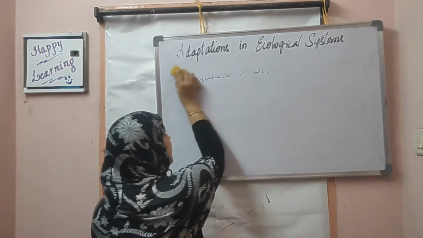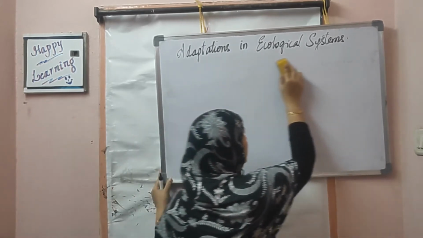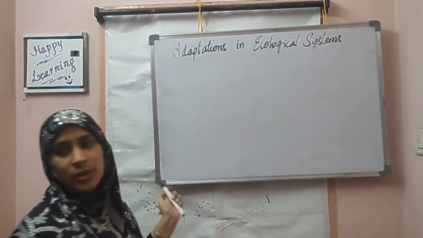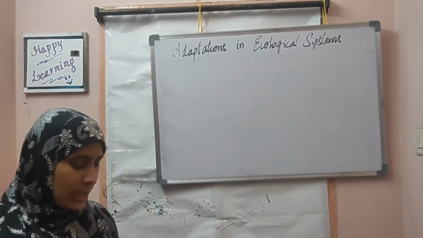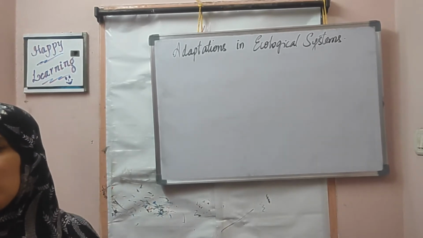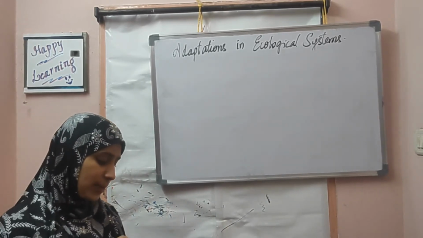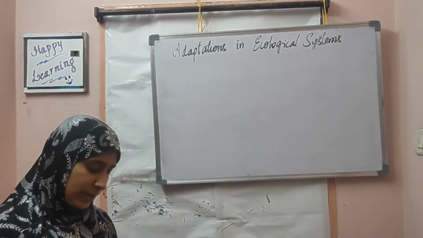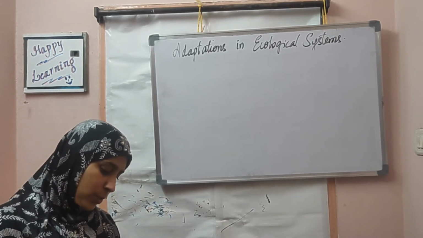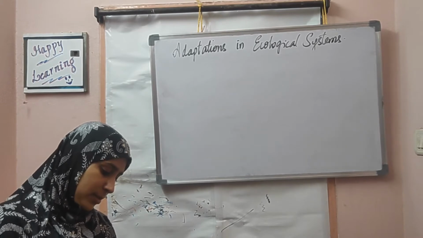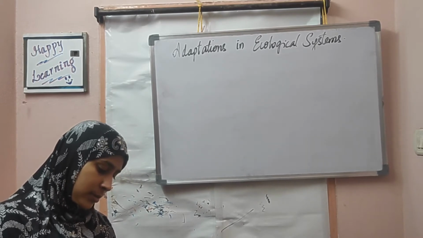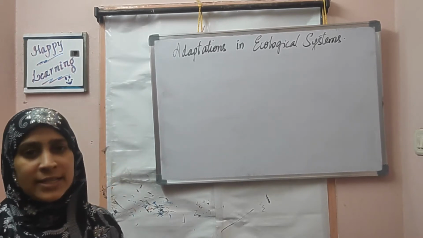Let us see some examples of xerophytic plants. Can you give me examples of xerophytic plants? Do you know any xerophytic plants? What do you mean by xerophytic plants? Yes, desert plants.